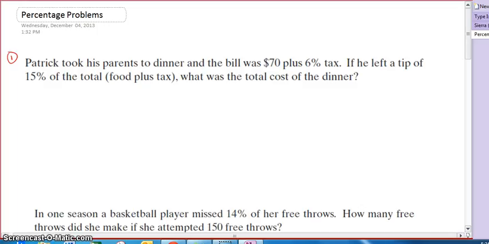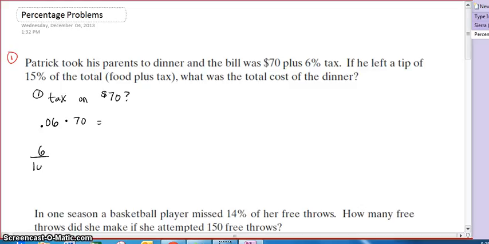If he left a tip of 15% of the total, so after tax is added, what was the total cost of the dinner? So here I need to do a few things. First, I need to figure out what is the tax on the $70 bill. Well, we know it's 6%, so I'm trying to figure out 6% of $70.